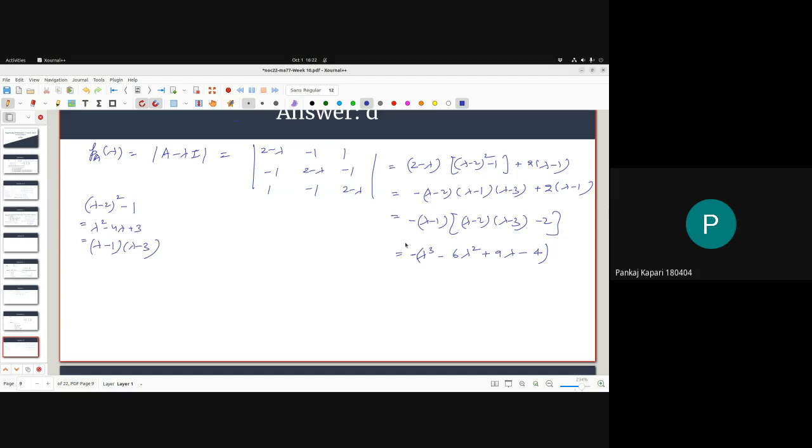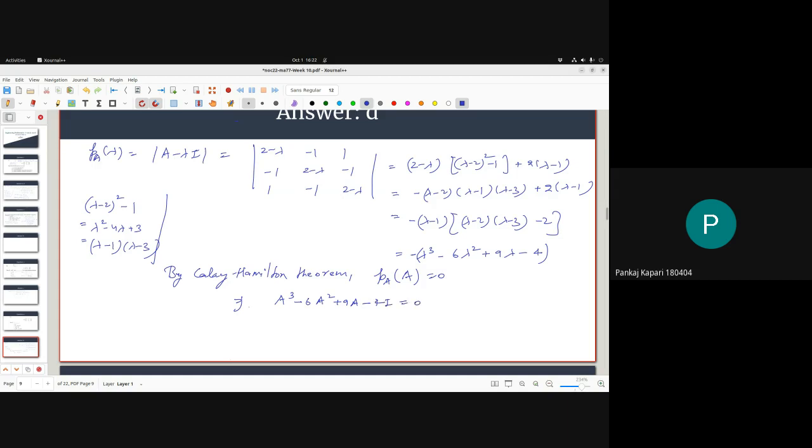So this is the characteristic polynomial, and now by the Cayley-Hamilton theorem, instead of lambda, if you put A, then this must give you 0. That means A cube minus 6A square plus 9A minus 4 times identity is 0.